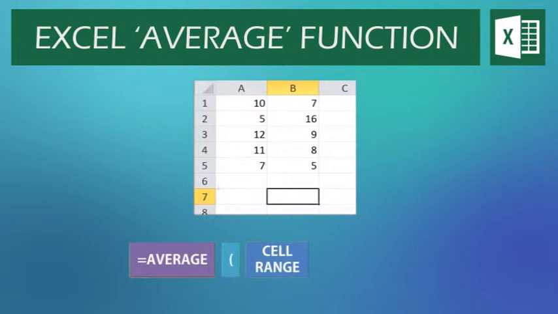So in this case, we go to the top left-hand corner and select our first cell, A1. When doing a cell range, instead of using a comma, we use a colon. Then we need to enter the bottom right-hand value, in this case B5, and then we close the brackets. This formula calculates the average of every cell from A1 to B5.